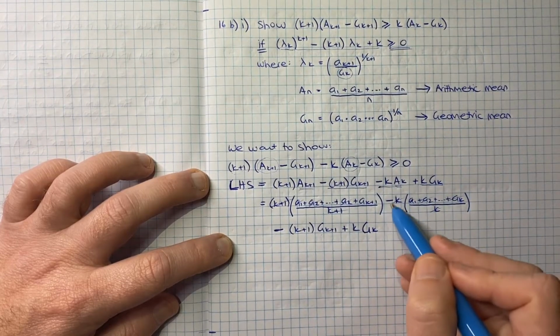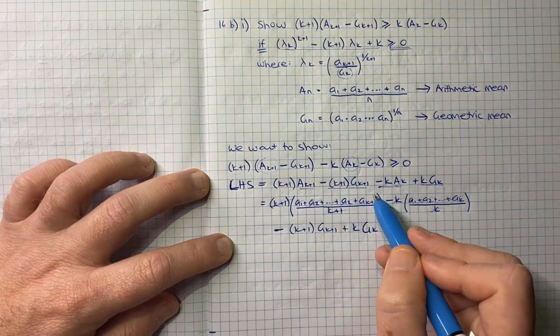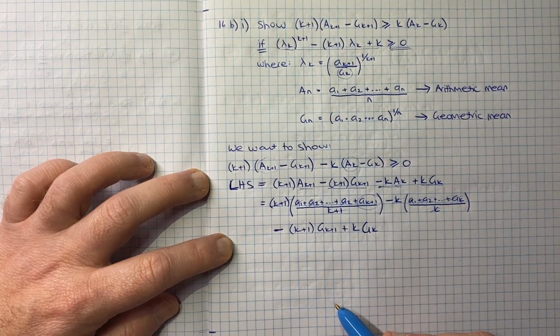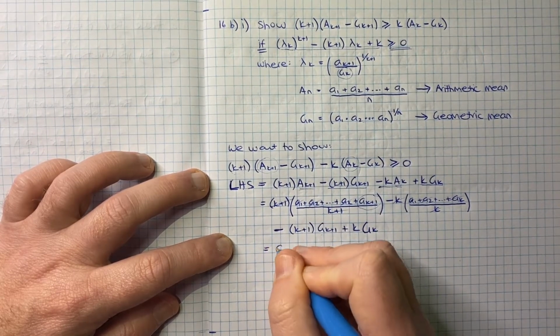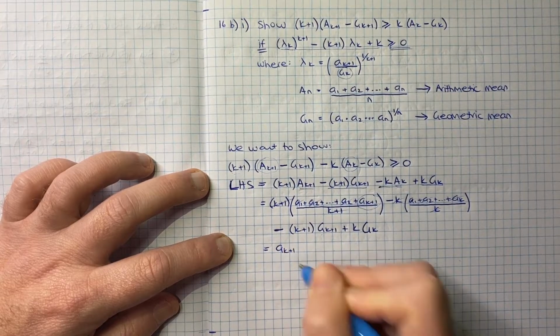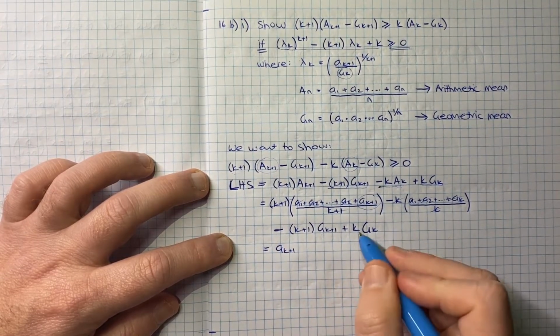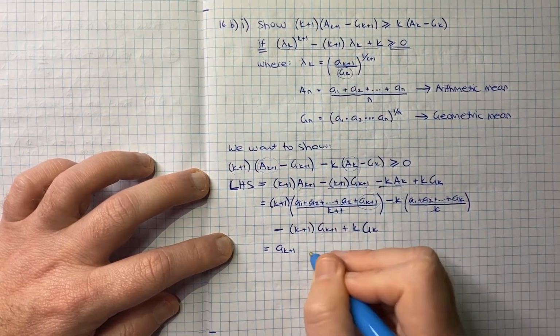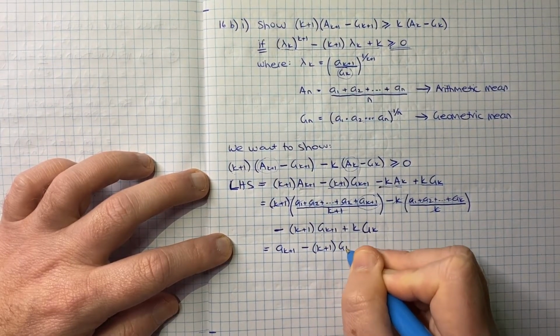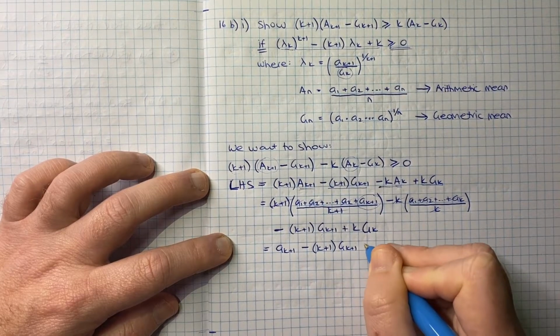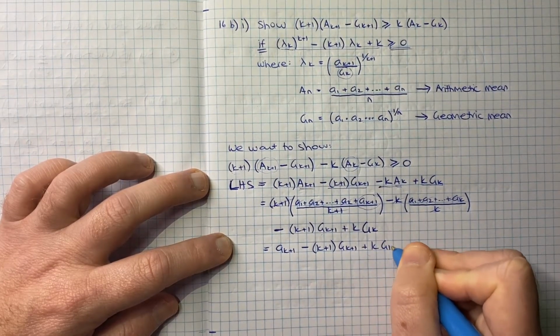So all of this disappears, and we're just left with this a_{k+1} all by itself. So our left-hand side really simplifies down to a_{k+1}, minus k plus 1 g_{k+1}, and then plus k g_k.